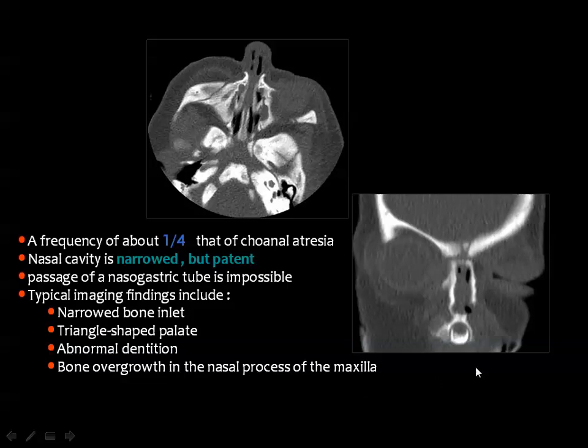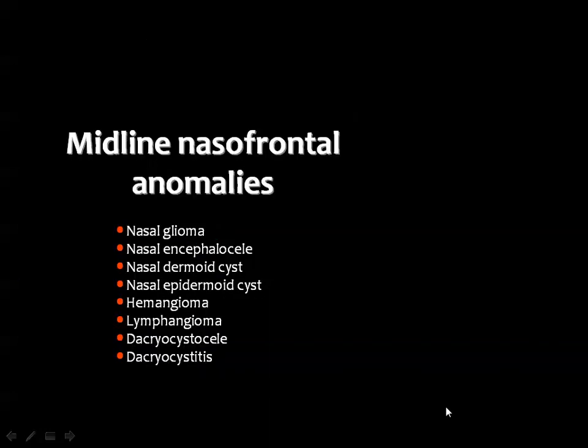And in the coronal planes, you can also see the aperture, and you can evaluate some of the associations, including the narrowing of the bone inlet, the triangular shaped palate, and the abnormal dentation, as I have mentioned.